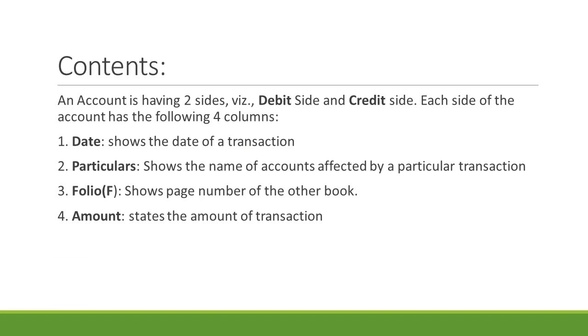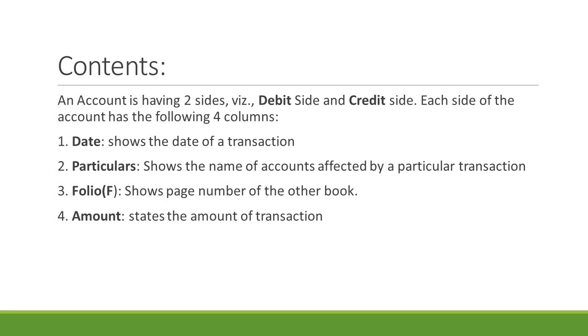The first column is date. In that column, you have to show the date of the transaction. The second important column is particulars. It shows the name of the other account affected by the transaction. The third column is the folio.